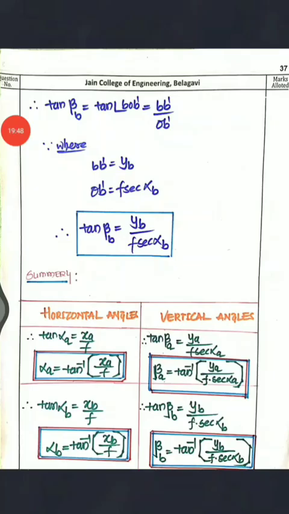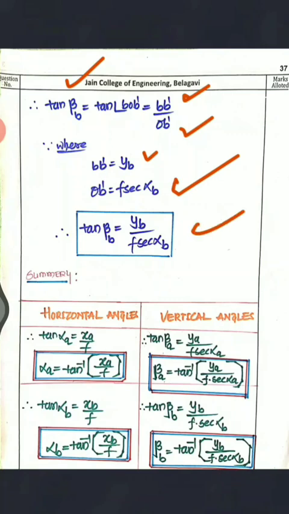Similarly, tan beta B is equal to BB dash divided by OB dash. As I said, BB dash is YB and OB dash is F sec alpha B. Then tan beta B is equal to YB divided by F sec alpha B. Now all those things I have summarized here.